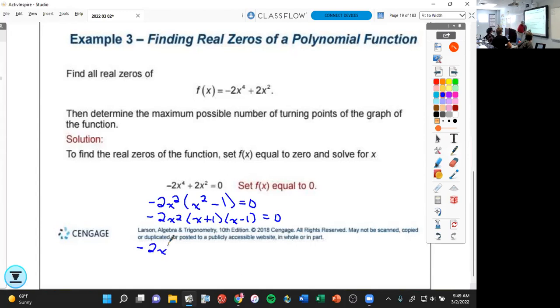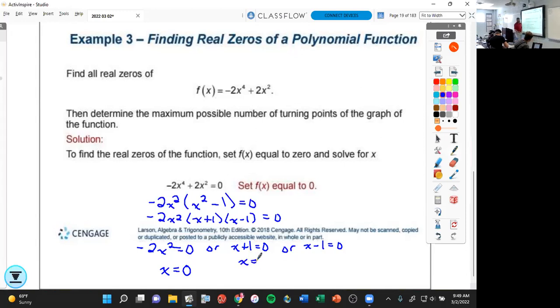Negative 2x squared equals 0, or x plus 1 equals 0, or x minus 1 equals 0. 2x squared equals 0 is true if x is equal to 0. x plus 1 equals 0 is true when x equals negative 1. x minus 1 equals 0 is true when x is 1.